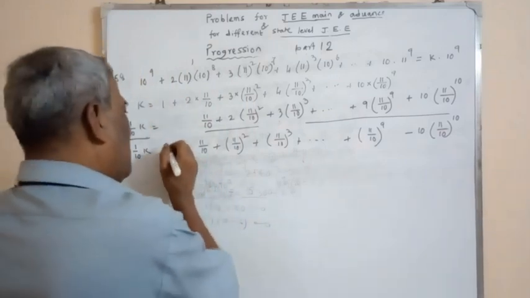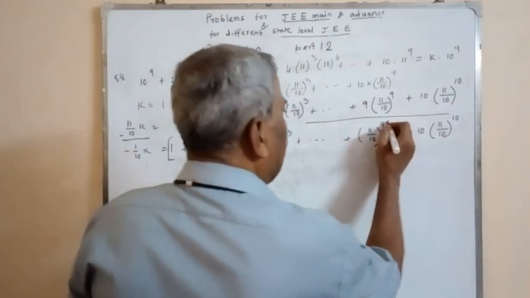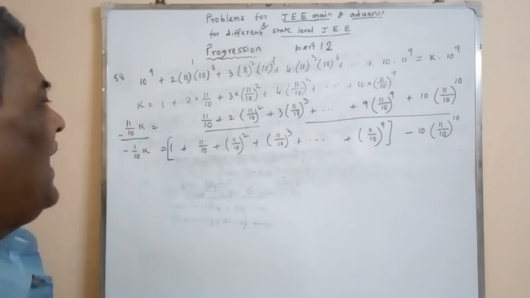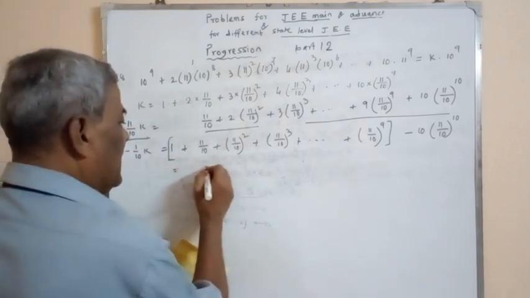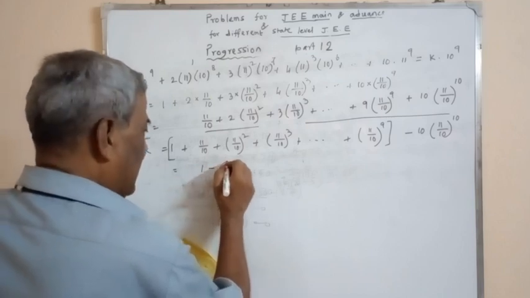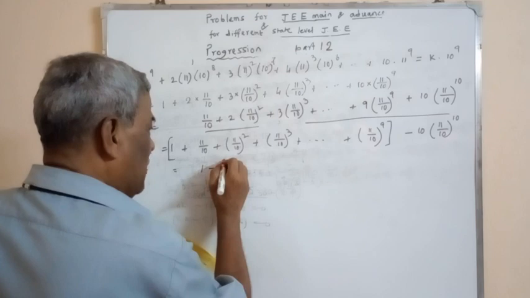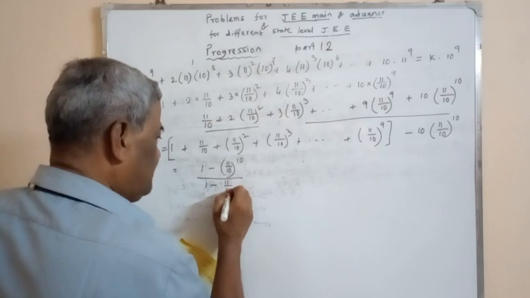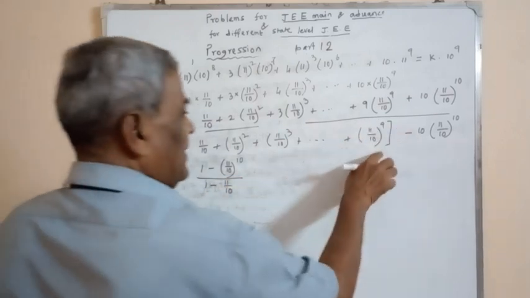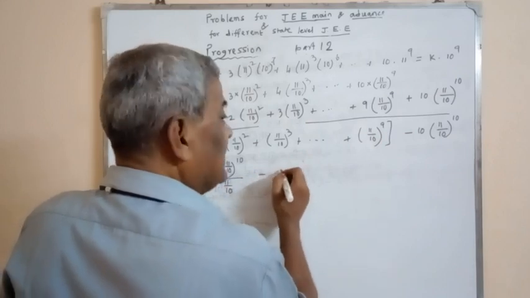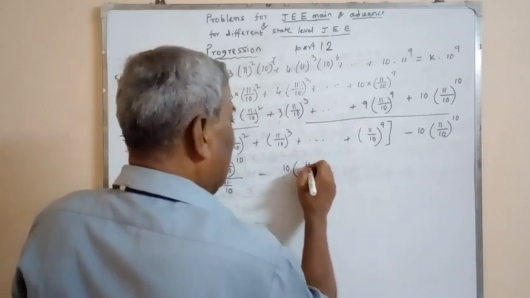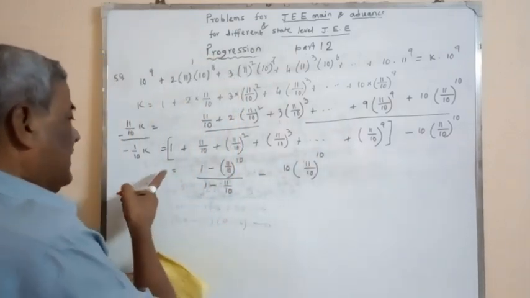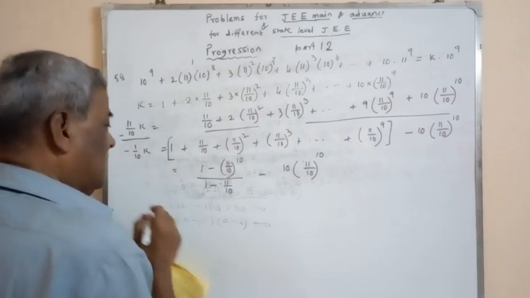From this up to that, it becomes a simple GP series, and very easily we can add them: 1 minus 11 by 10 to the power 10, divided by 1 minus the common ratio, minus 10 into 11 by 10 to the power 10. And the left side is minus 1 upon 10 k.